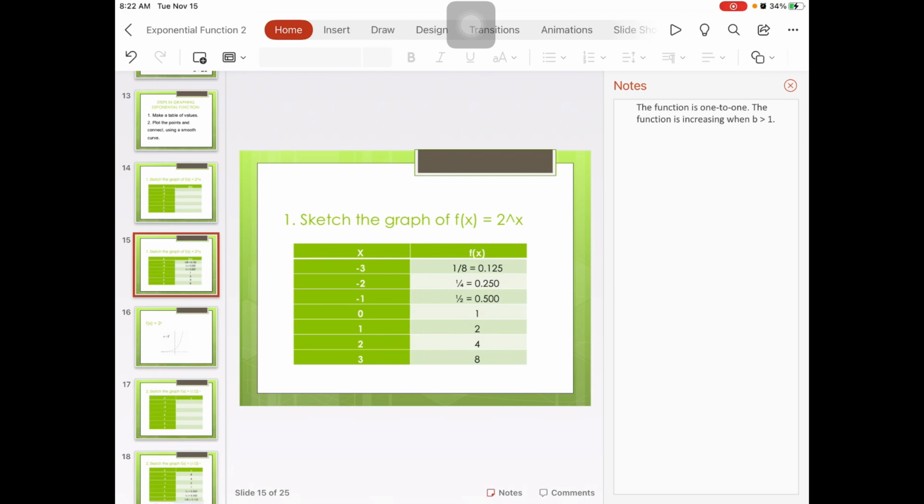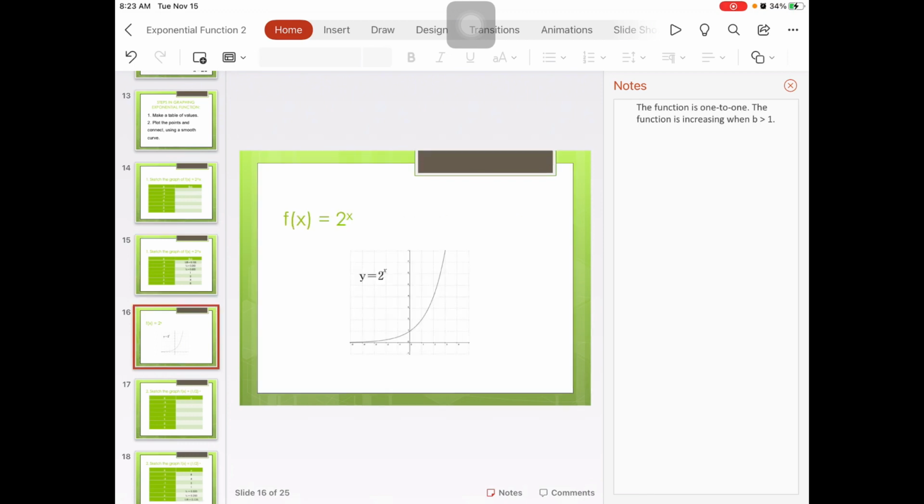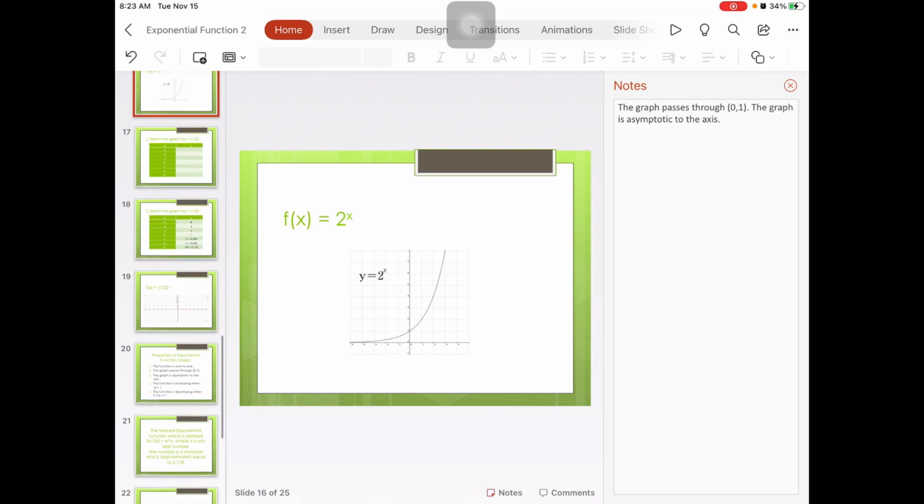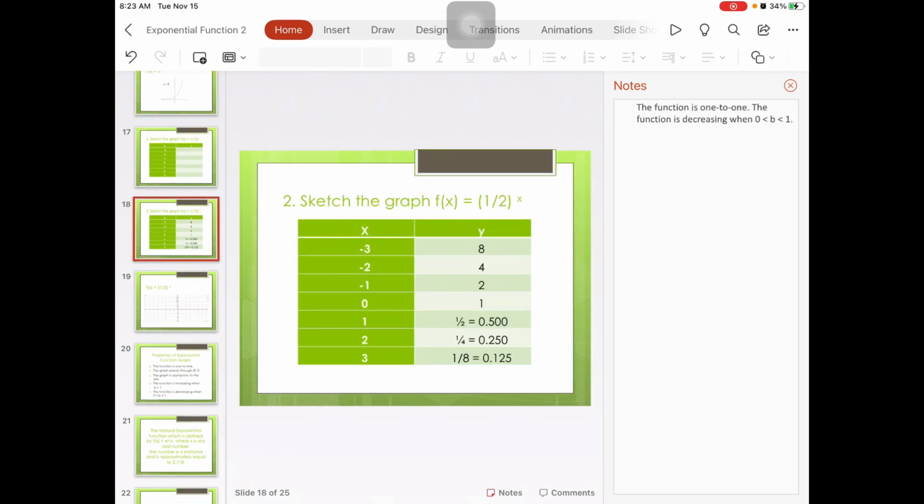That's why the graph is also increasing, going upward. Well, in the second example, the function here is 1 to 1 also. The function is decreasing, as you can see in the y, because b is in between 0 and 1. If we're going to look at the given, f of x is equal to 1/2 raised to x. 1/2 is our base, and 1/2 is in between 0 and 1.